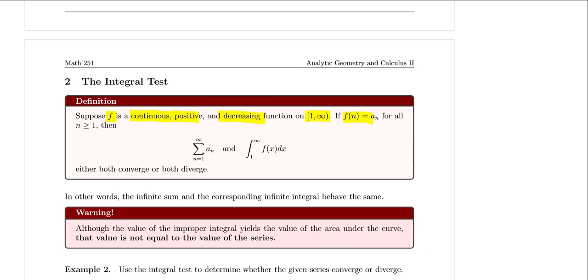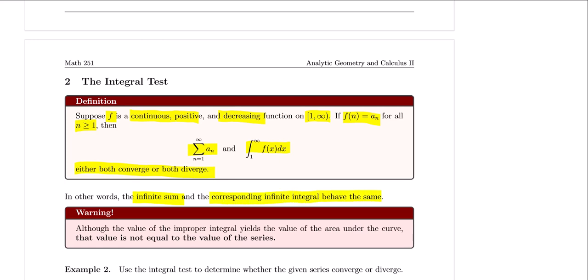If f of n is the same thing as a sub n for all n values greater than or equal to 1, then the infinite series as n goes from 1 to infinity for a sub n and the improper integral from 1 to infinity for f of x dx either both converge or both diverge. So in other words, the infinite sum and the corresponding infinite integral behave the same way.